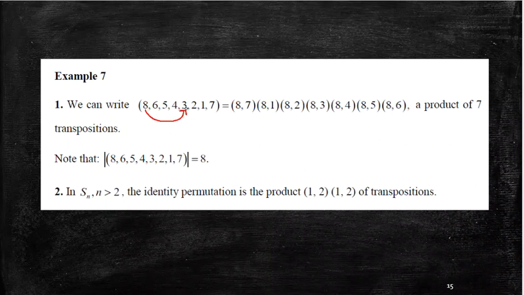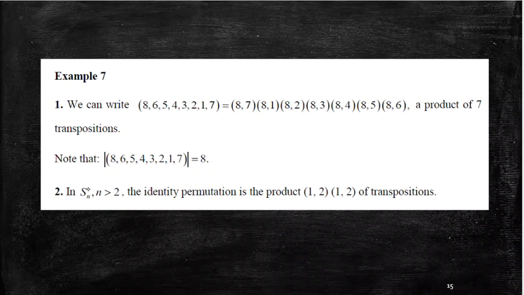Next, 8 with 3. 8 with 4. We write all the elements in this cycle. 8 with 5. And the last one, 8 with 6. That means we have 7 transpositions, so it is a product of 7 transpositions. Note that this cycle is of order 8, because we have 8 elements in this cycle.